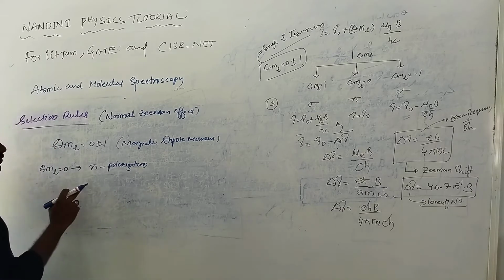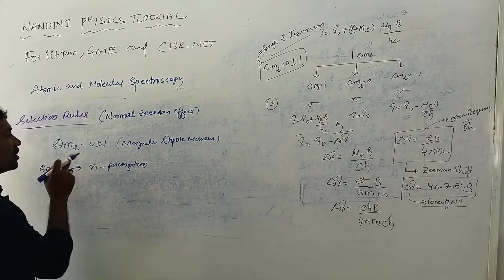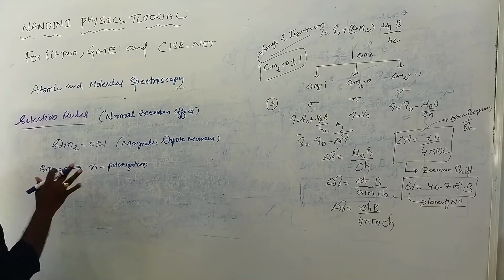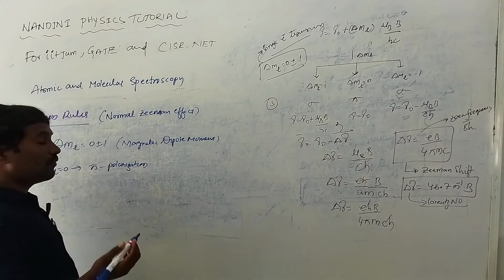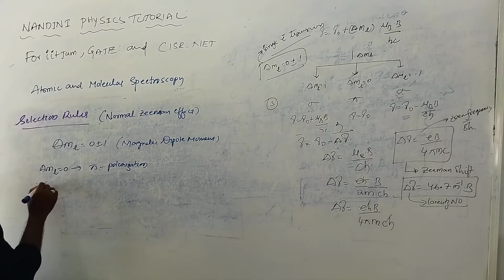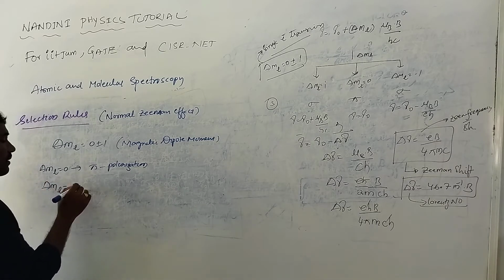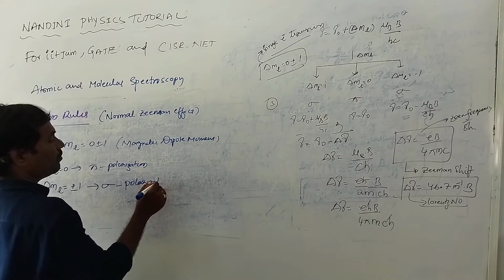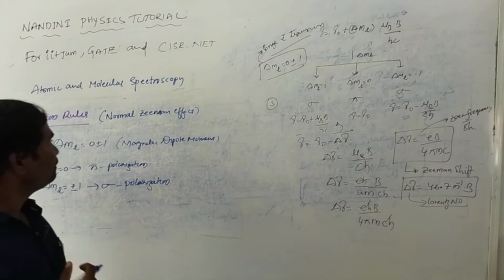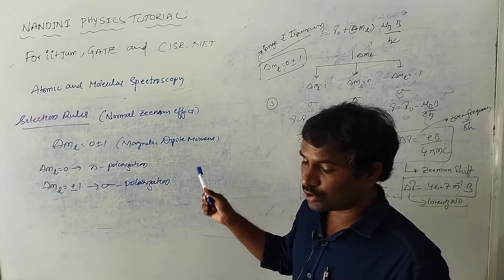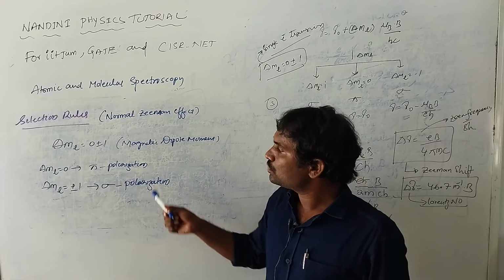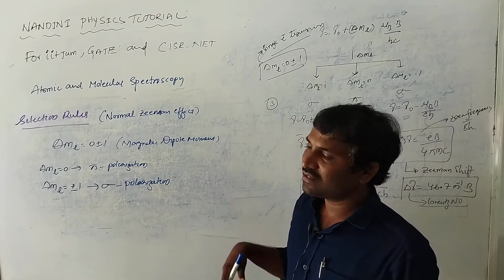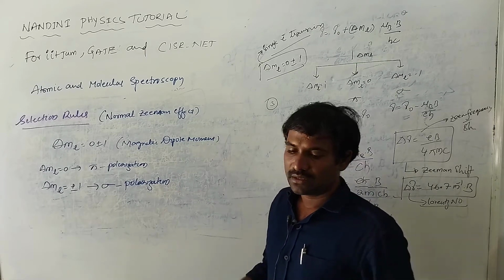In linear polarization we get the selection rule delta ml equal to 0, plus or minus 1, which means a magnetic dipole moment exists. So when delta ml is 0 it is pi polarization, and when delta ml is plus or minus 1 it is sigma polarization. Based on the selection rules you can draw any pattern, like a singlet to singlet transition.